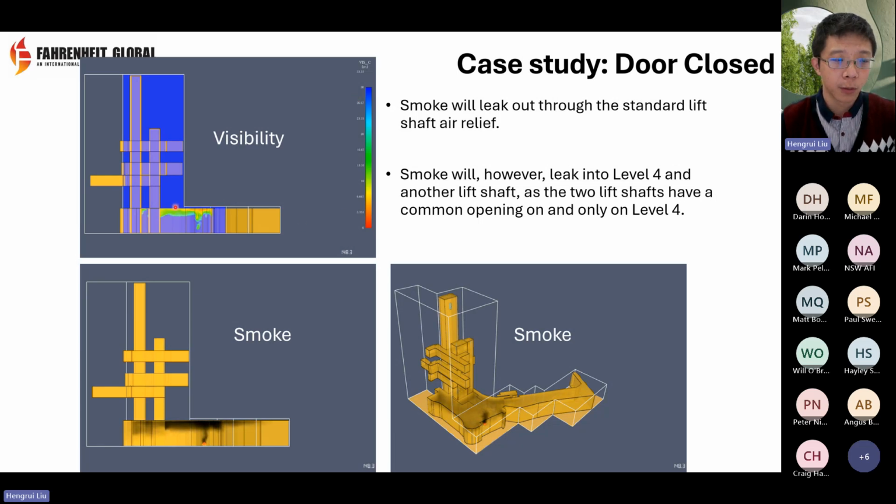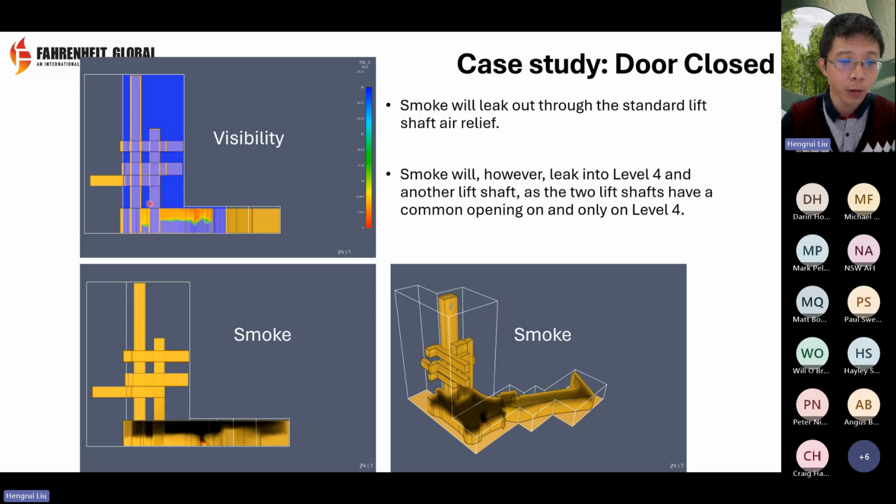You see on the lift shaft, I have a slice there, so you see whether or not the smoke has penetrated through the lift shaft, whether or not it is affecting the lift shaft or upper levels. Probably you should pay a bit more attention to level 4, this level, on the visibility and the smoke later on as well. So this is the case where we have the door closed.